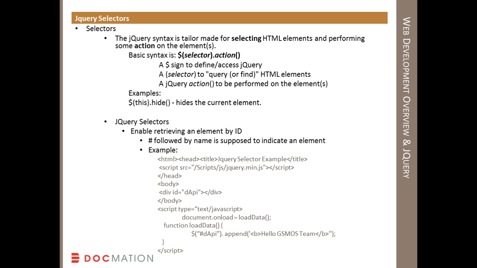So the first thing that we're going to look at are essentially selectors. We spoke about your regular HTML pages yesterday, the various sections in an HTML page like header, body, and all the elements within it.